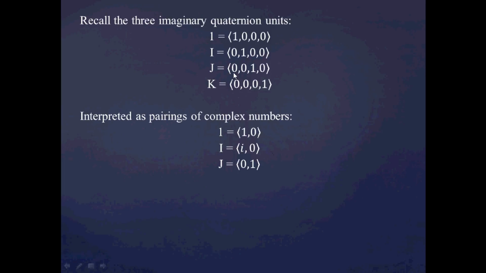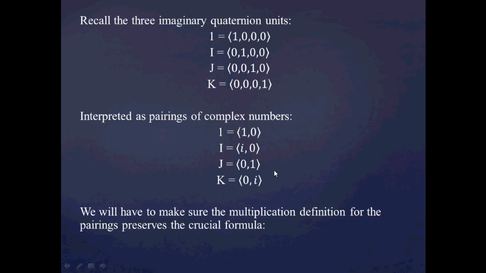J is going to be 0 plus 0i, that goes in the first component, and then (1, 0), that's going to be 1 plus 0i. So big J, the quaternionic J, is going to be (0, 1). And then finally we have k, which is going to be the pairing of (0, little i). So this is a slightly different interpretation, and we're going to find that doing this is going to be completely consistent with the quadruples.